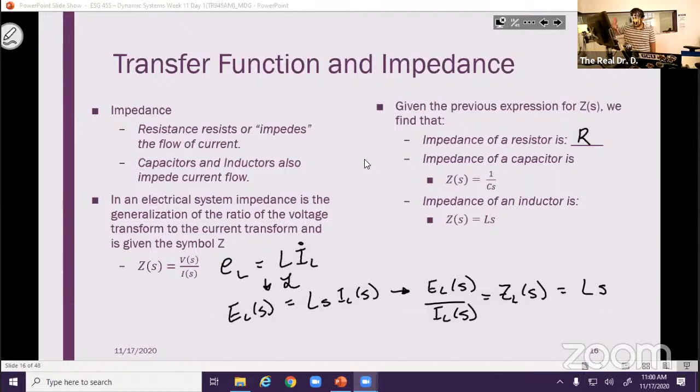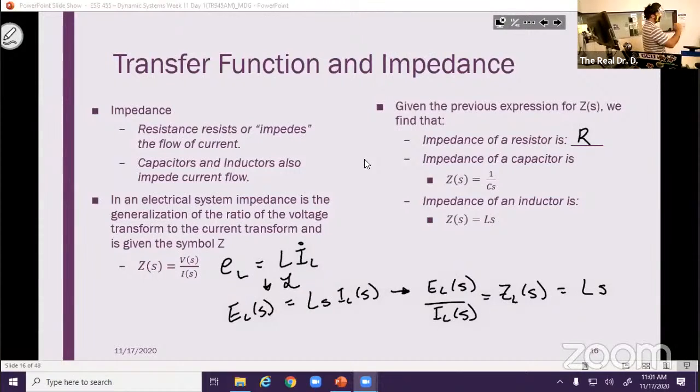Okay, so here we are. We've got R, 1 over CS, and LS. That's what we've got. How is this useful? Because we're not seeing it, and I appreciate that.